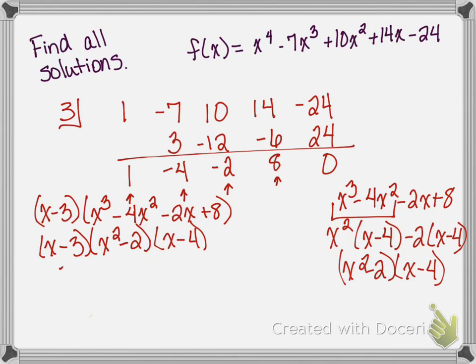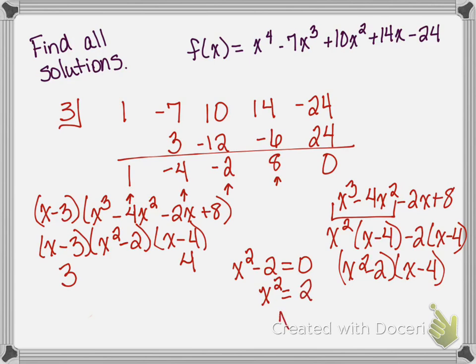x minus 3 gives me a solution of 3. x minus 4 gives me a solution of 4. But I might be stuck at x squared minus 2. Okay? But if I set x squared minus 2 equal to 0, I get x squared equals 2.